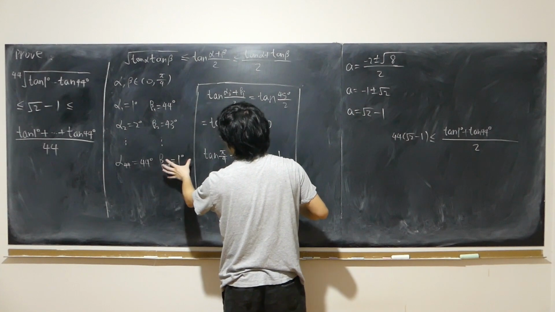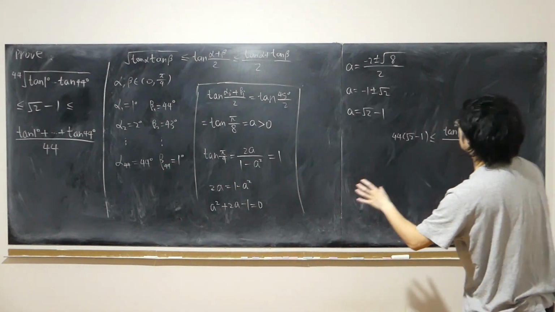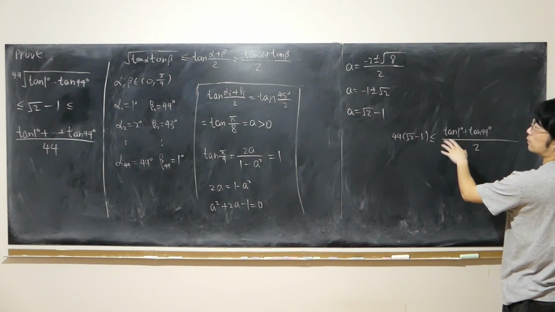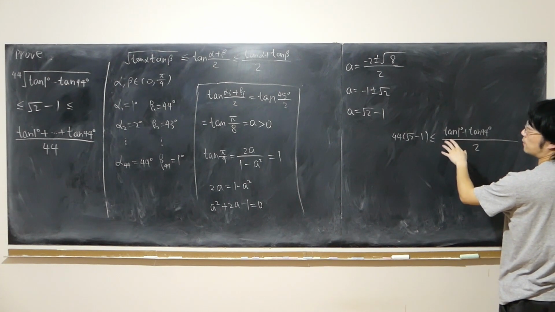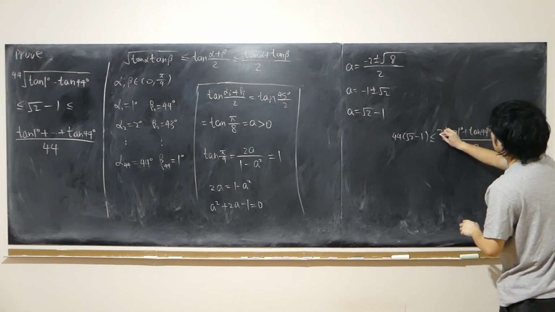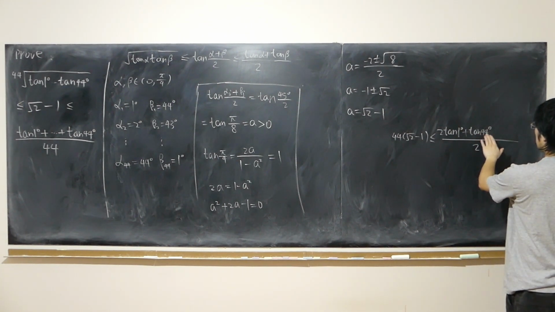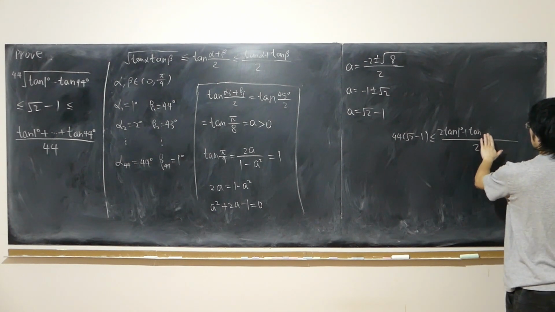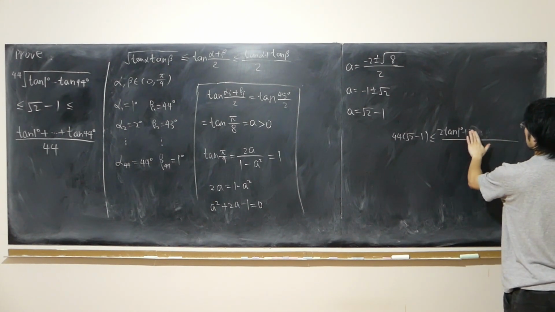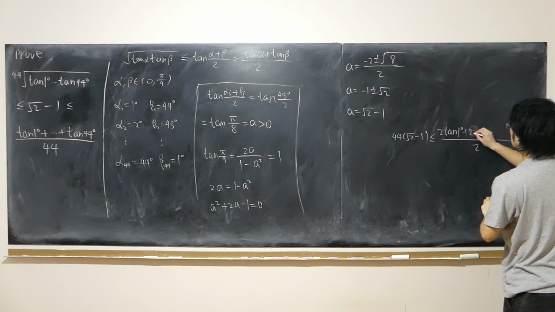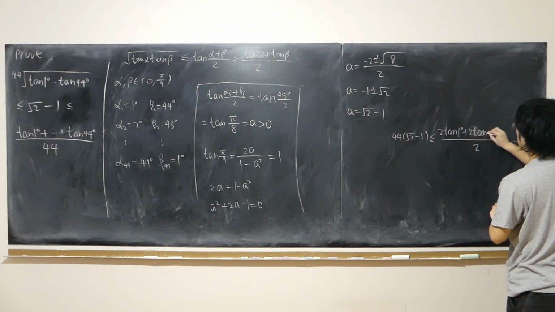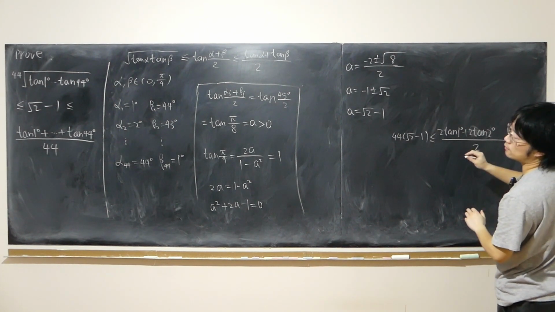So in which case, how many tangent 1 degree do I have? I think I have twice of them. Twice of tangent 2 degrees, according to this pattern.